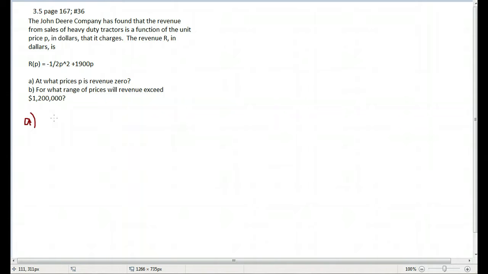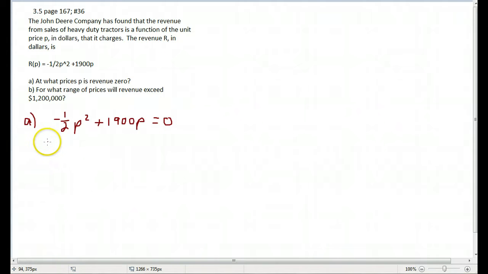Part A, at what prices is revenue 0? So we want to find where negative 1/2 P to the second power plus 1900 P equals 0.